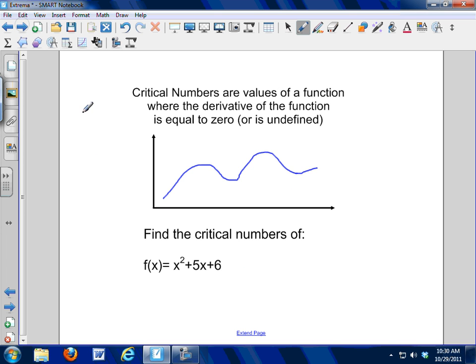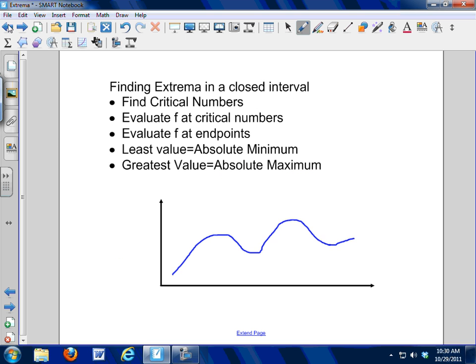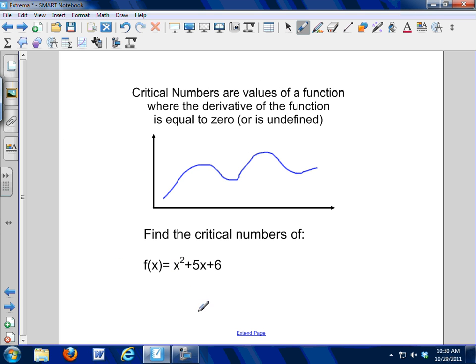As it turns out, critical numbers are the values of a function where the derivative of the function is equal to 0, or possibly is undefined. So we can have a critical number where the function is undefined. If we're finding the critical numbers of x squared plus 5x plus 6, what we're looking for is the value where the derivative is equal to 0. As I promised, we still have to take derivatives in this unit.